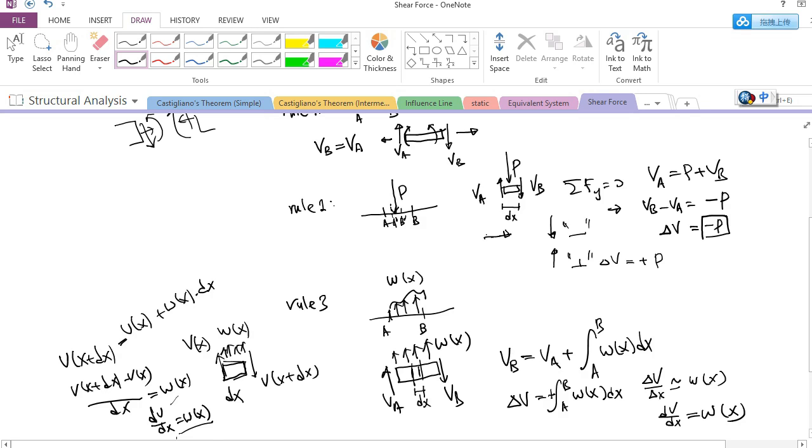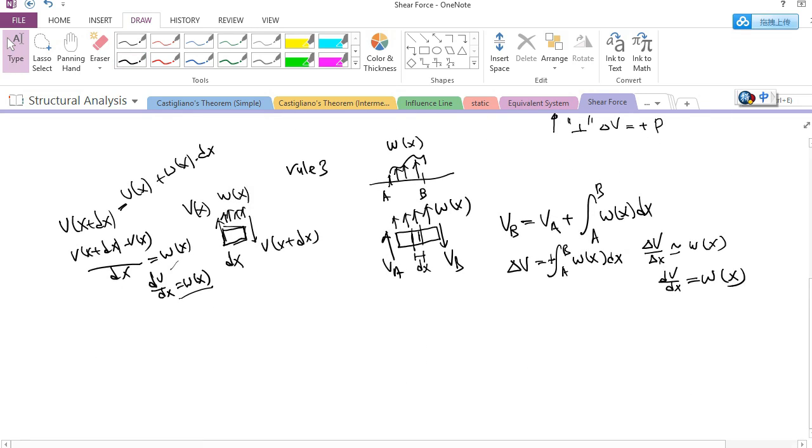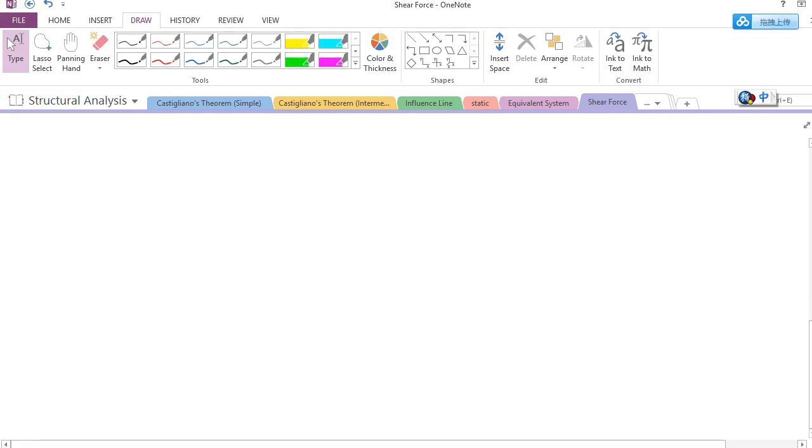Alright? Let's try to do some example, and see how we can quickly draw the shear force diagram. Let's say this is the beam, and we draw some shear force here.